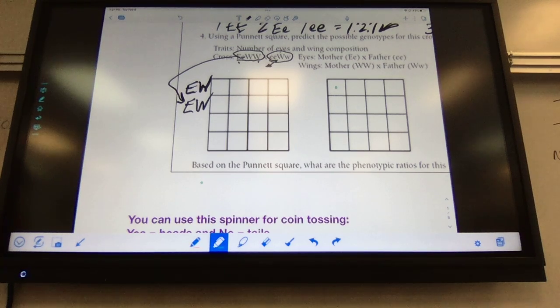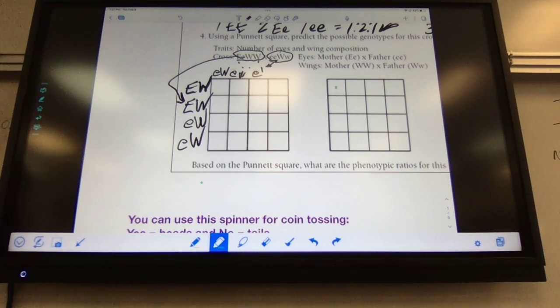Those are the outsides. Then the insides: lowercase e, capital W. And then the last of each pair, which is that one and that one. So it's lowercase e, capital W. So FOIL, the other one: lowercase e, capital W. Lowercase e, lowercase w.